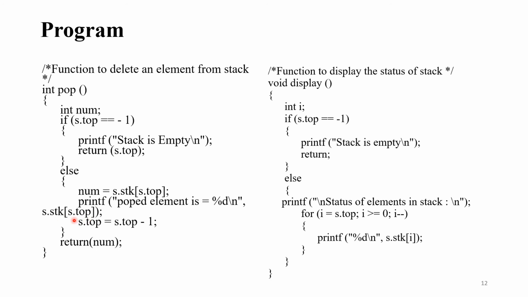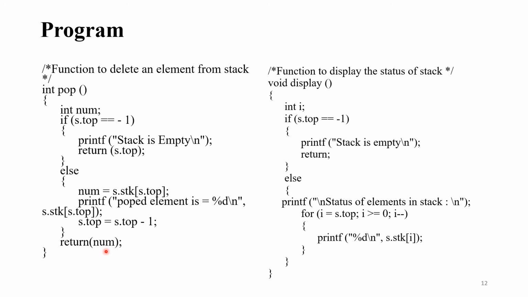So here we print that last indexed number. Next is s.top = s.top - 1, which means if we delete one element then top is decremented by 1.